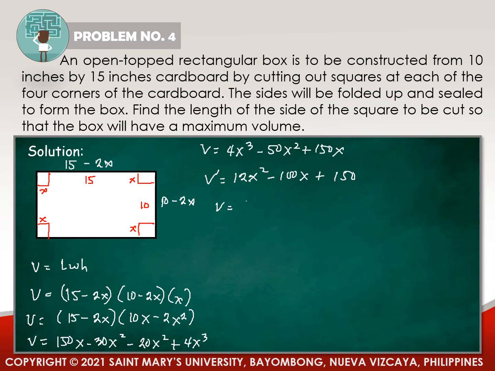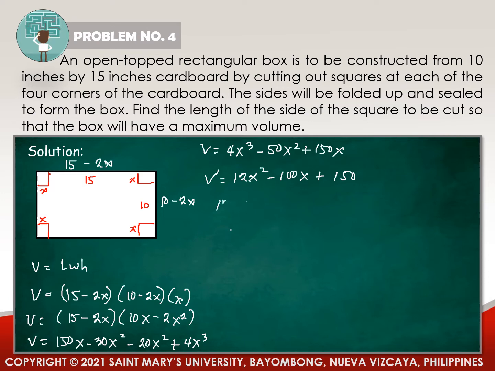So we have common factor of 2, then 6x squared minus 50x plus 75. So, ayan, equate lang natin yung derivative sa 0, right? Okay, by the way, sige, erase muna natin. Baka magkalito-lito.